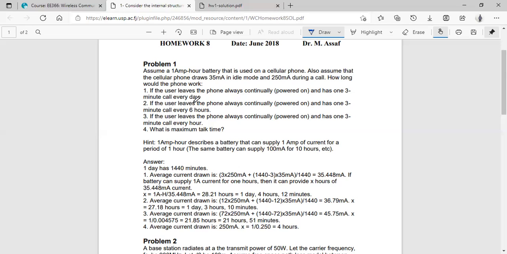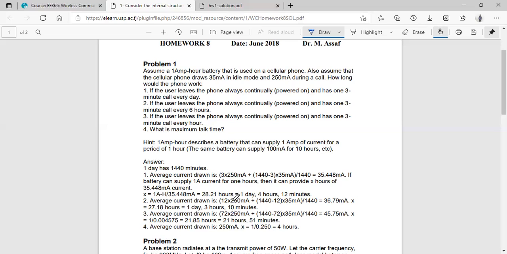Again, writing the average current equation for this case: the 12-minute call is 12 times 250 milliamps, since the phone consumes 250 milliamps per minute of call.